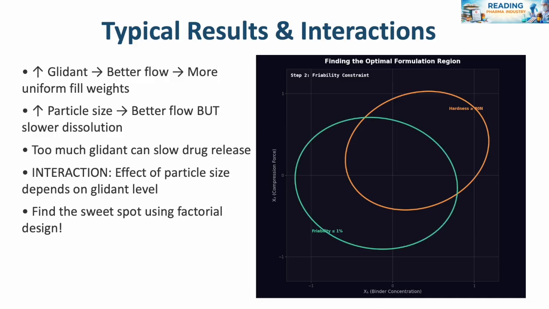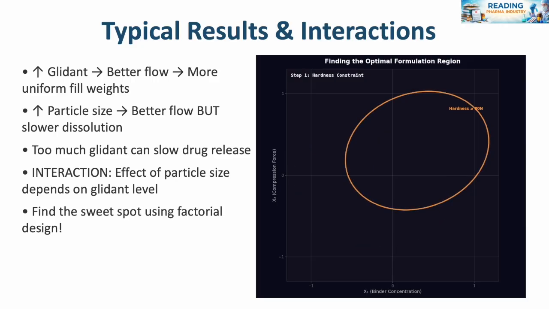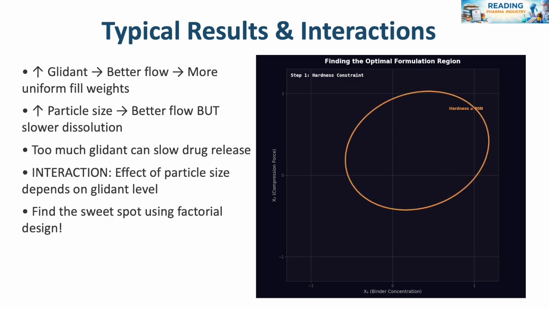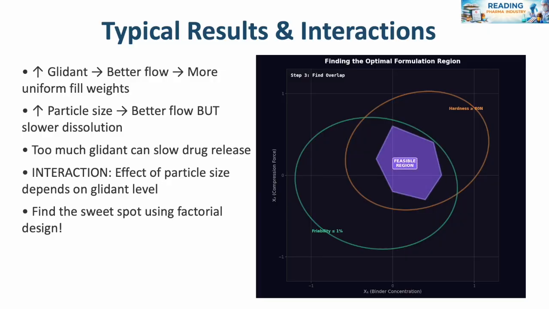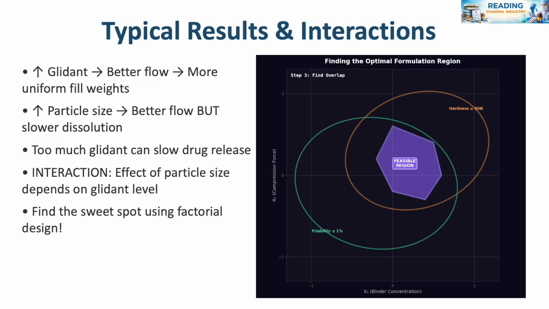The way we assess this is we do a contour plot for each dependent variable test, and then we overlay them. As you can see on this image on the right, we overlay the contour plots or maps for each dependent variable, and then we look for the common part to find the optimum region that will have the best properties.